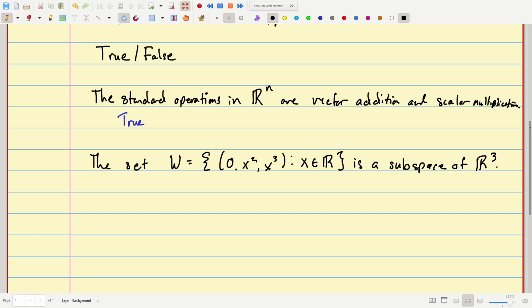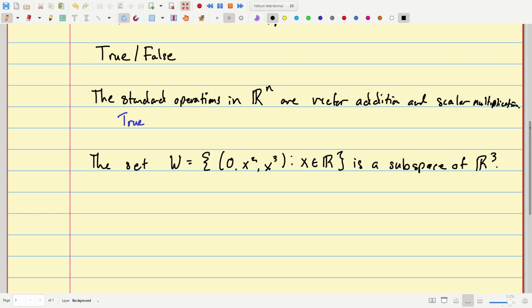We need to check the closure properties for these vectors. So we're looking at vector addition and scalar multiplication. You say the closure properties, but what specifically do I need to make sure that this is closed under or closed within?